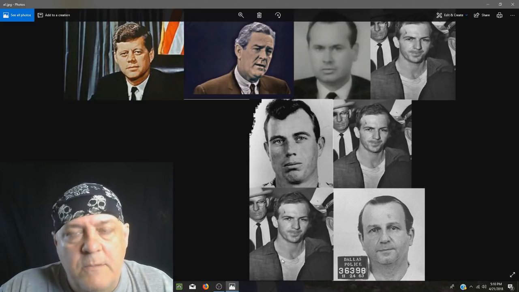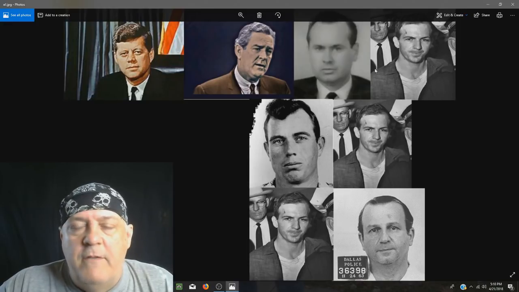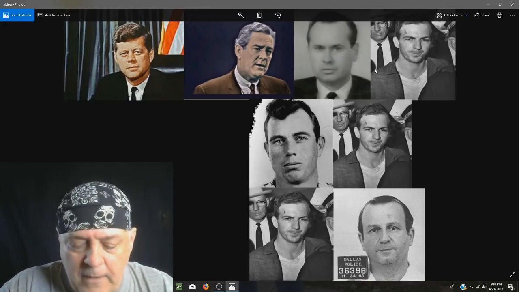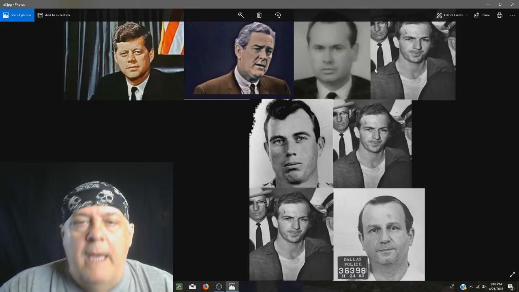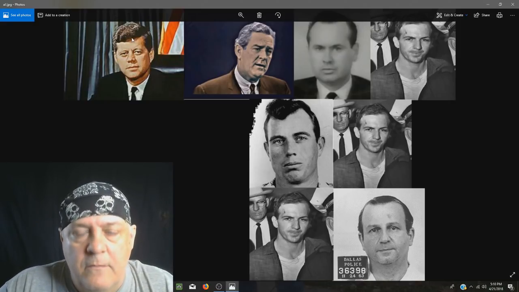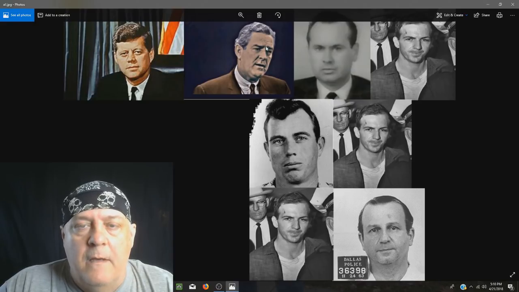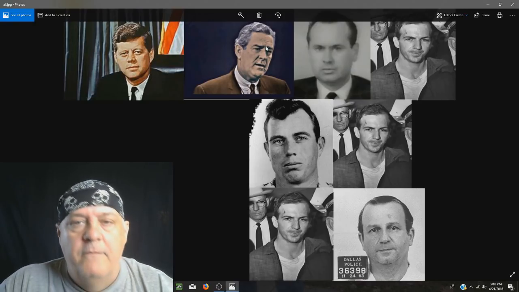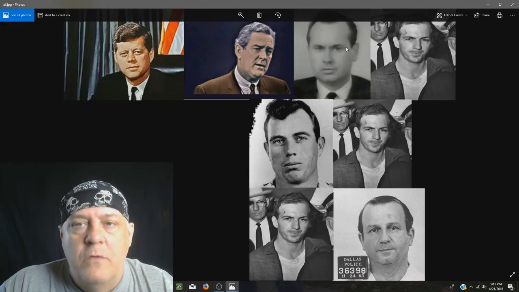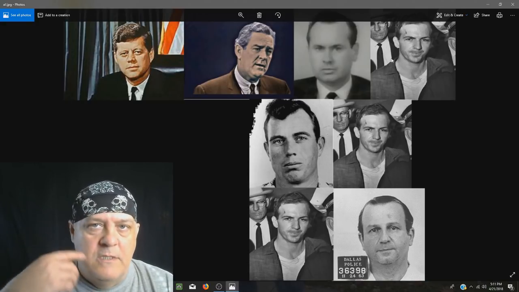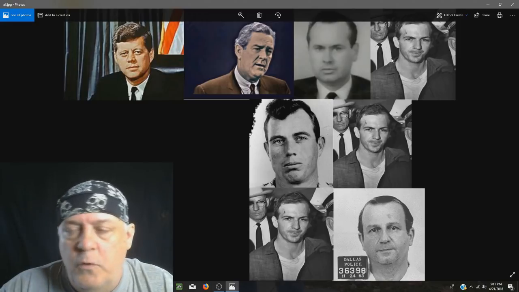And here's what I'm going to explain. When we look at the JFK assassination case, it happened in Dealey Plaza. JFK was assassinated. Governor Connally was fatally wounded. James Tague was wounded, but that was just a flesh wound.